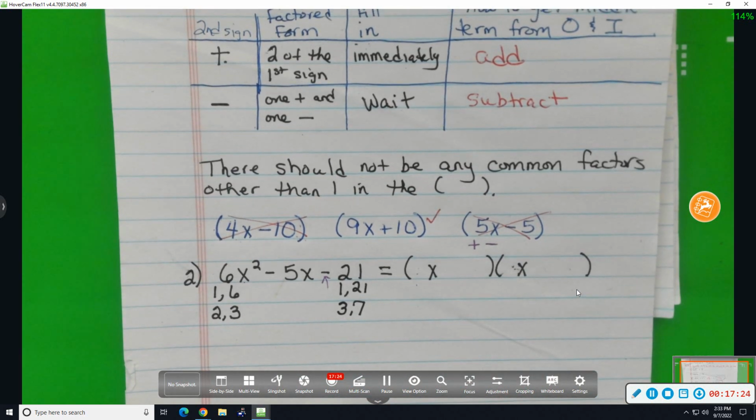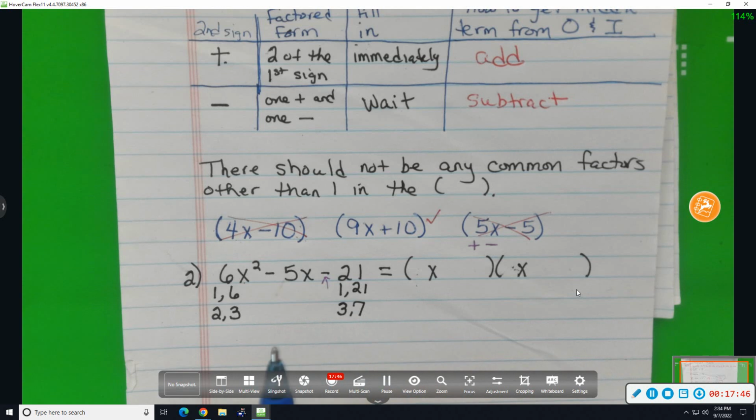If you do enough of these over your lifetime, if you spend 30-something years factoring, you're going to eventually decide that usually it's the numbers that are closest together on the number line that are going to work. Okay? I have a feeling the 2 and 3 and the 3 and 7 are the ones most likely to work.